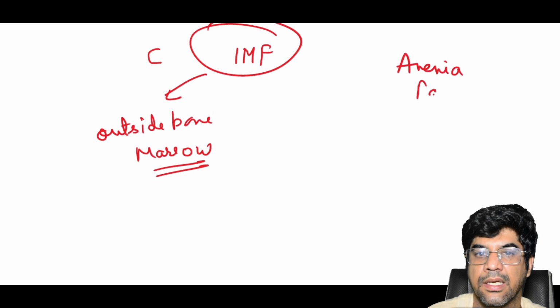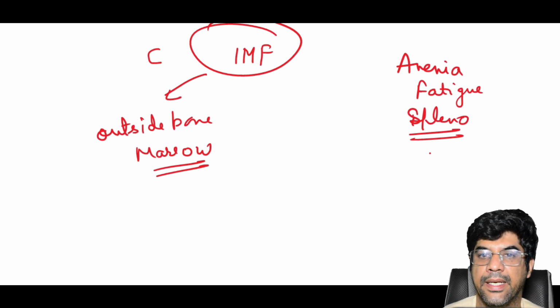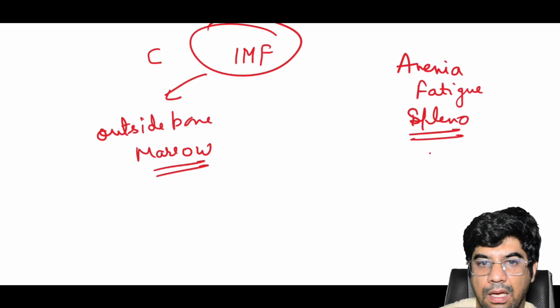You will see clinical features of anemia, fatigue, weakness, splenomegaly, abdominal discomfort, and bleeding. There would be mild anemia, leukocytosis that may turn into leukopenia. There might be thrombocytosis initially, but in advanced cases it shows thrombocytopenia.